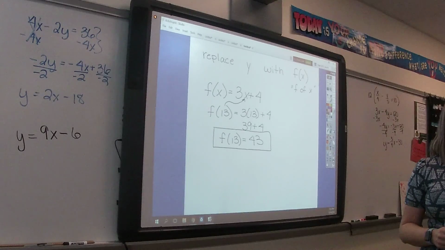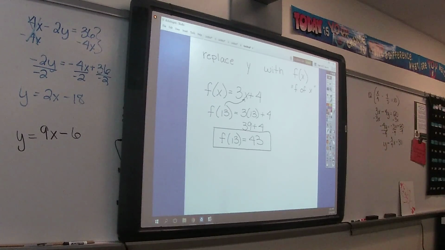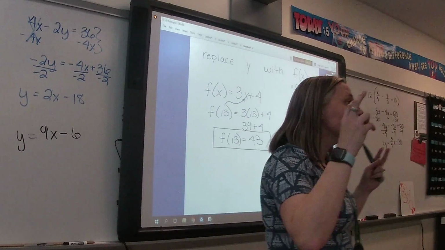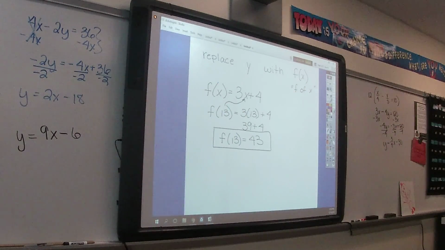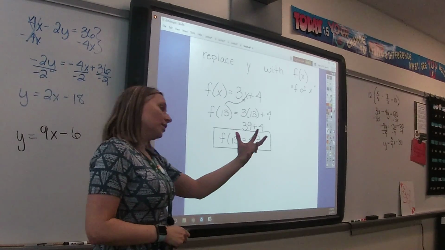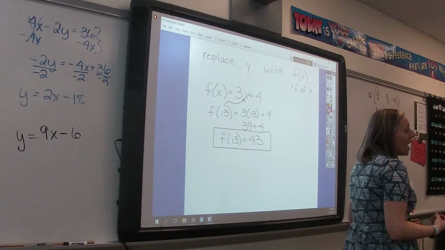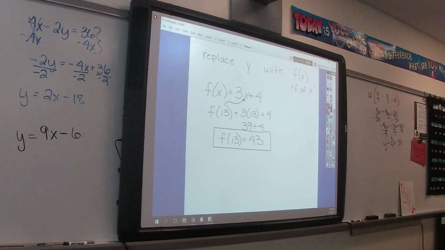Is it going to be the same price no matter which size car we rent? No, right? There's going to be some different type of function for how many days you rent each different size car. So maybe we have a function for compact, a function for mid-size, and a function for luxury. But they all can be based on the same thing, like the number of days.